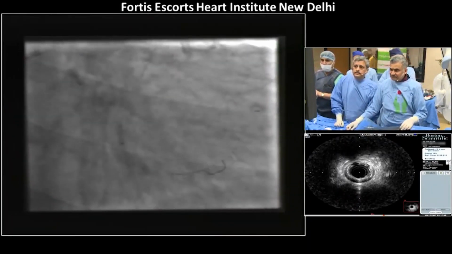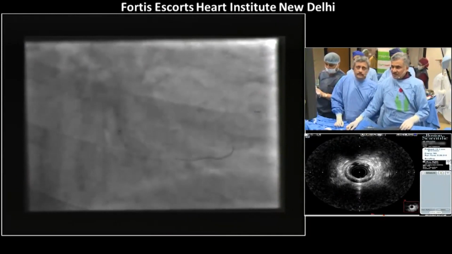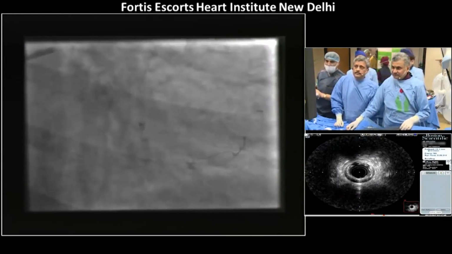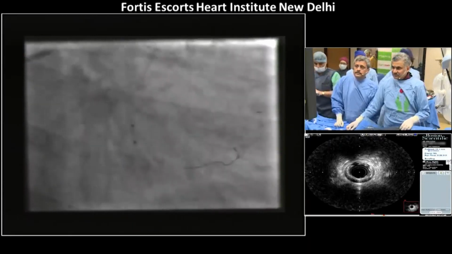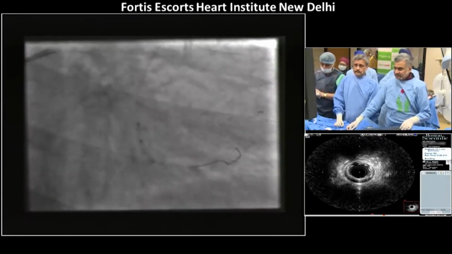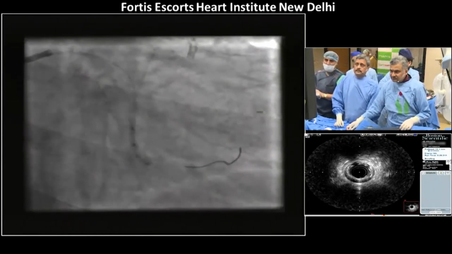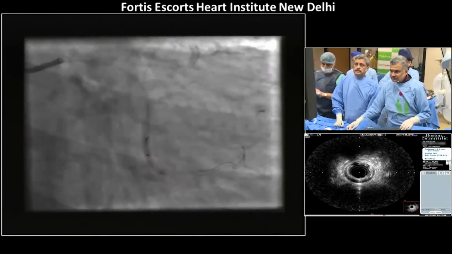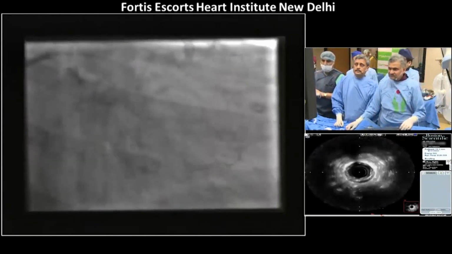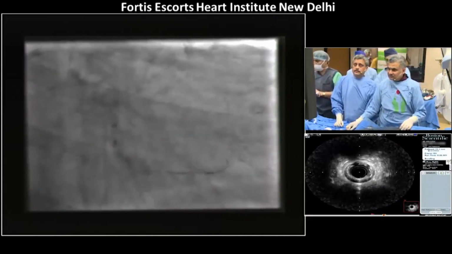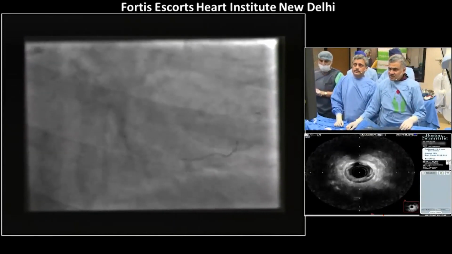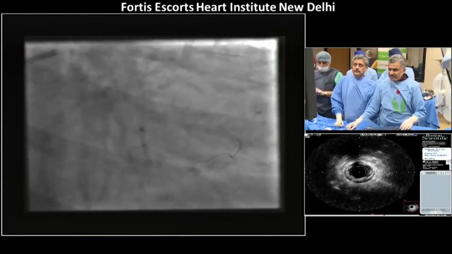It doesn't appear to be, it is a little open already. 23 and a half, 24, 24 and a half, 25, 25 and a half, 26.